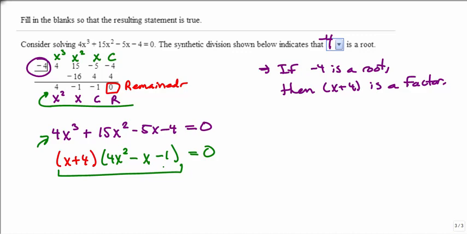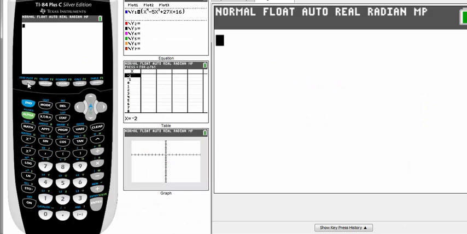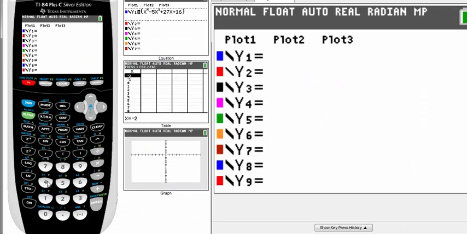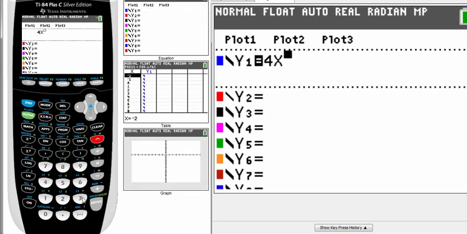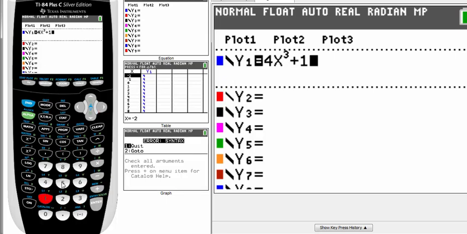Now if we were to graph this, let's see what it would look like. So we'd have 4x cubed plus 15x squared. So we'd hit the y equal key. So 4x cubed plus 15x squared minus 5x minus 4.